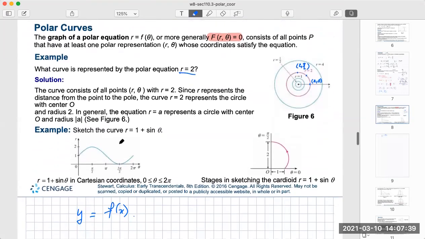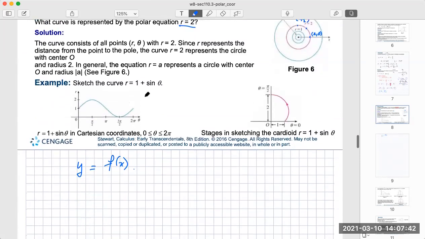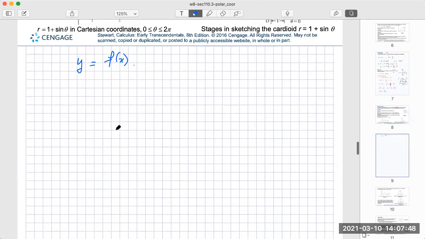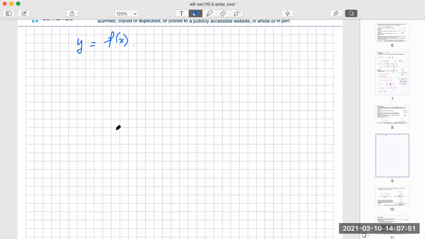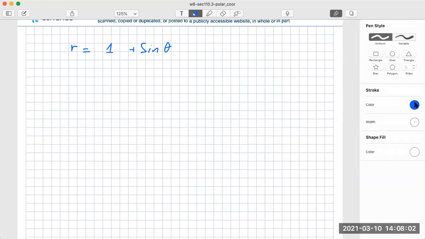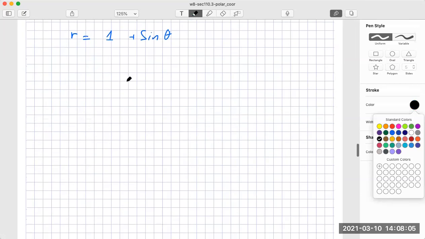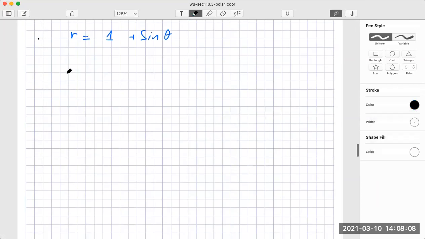The next example, sketch the curve r is equal to 1 plus sine theta. It's interesting. So if we do similar things, if we pick a value of theta, we find an r, right?